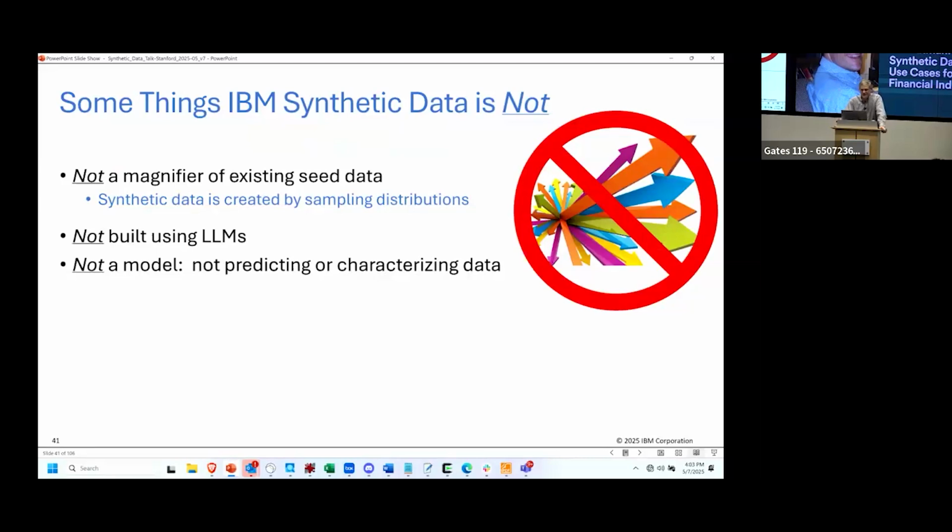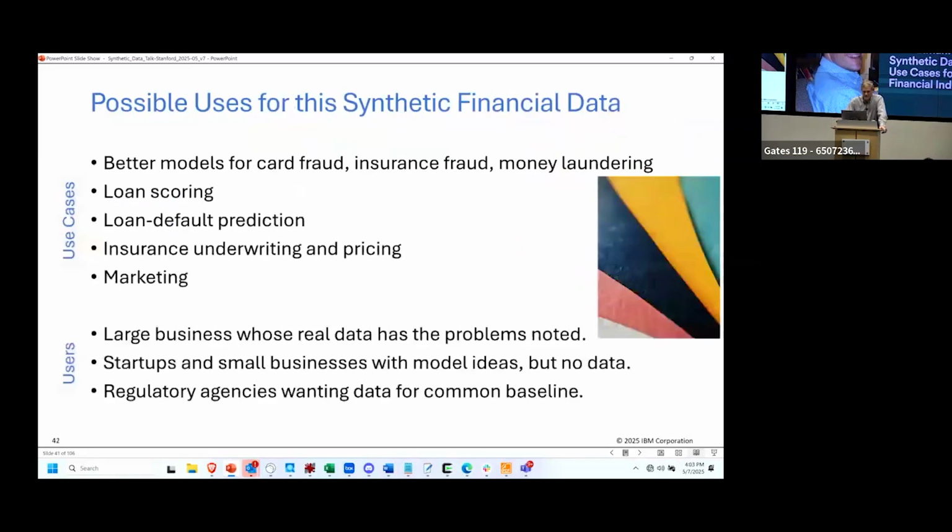We're not built using large language models, and what we're producing is not a model. We're not giving you something that predicts this is credit card fraud or money laundering or a scam. What we're providing is data which helps you or somebody else predict whether those problems are occurring, and I think there's a lot of room for improvement, as I've outlined during the talk.